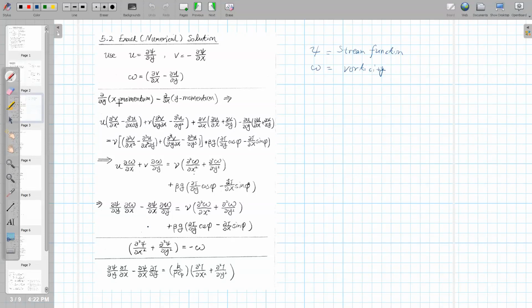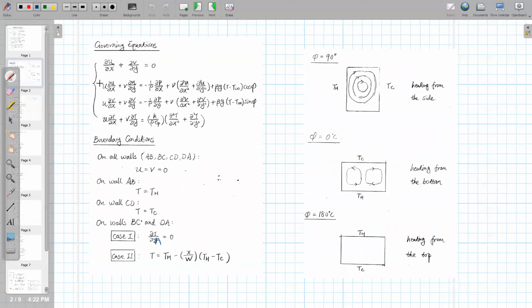For the x momentum equation, we take partial y on both sides, and for the y momentum equation, we take partial x on both sides, and then subtract the two results, the first one minus the second one. This becomes partial squared P partial x partial y in both, and after the subtraction, the pressure term is removed.